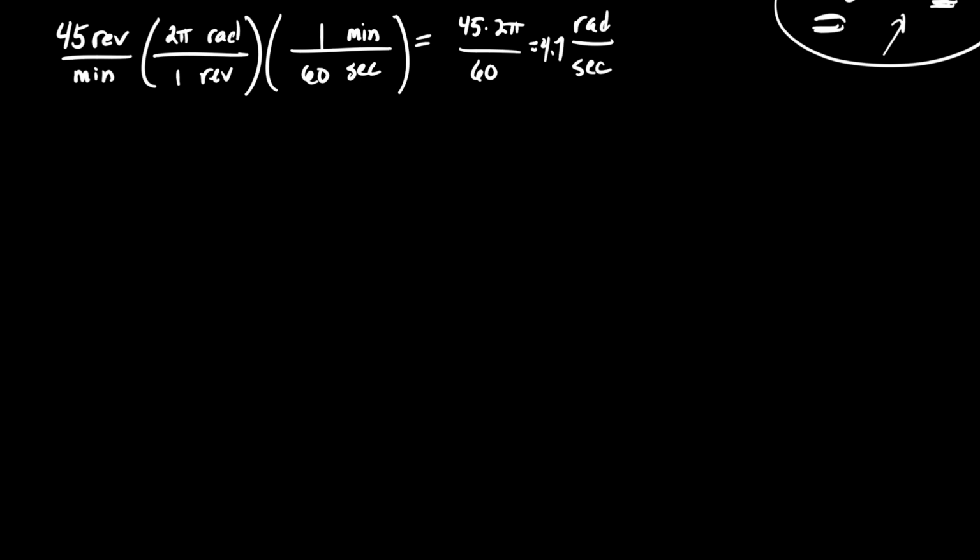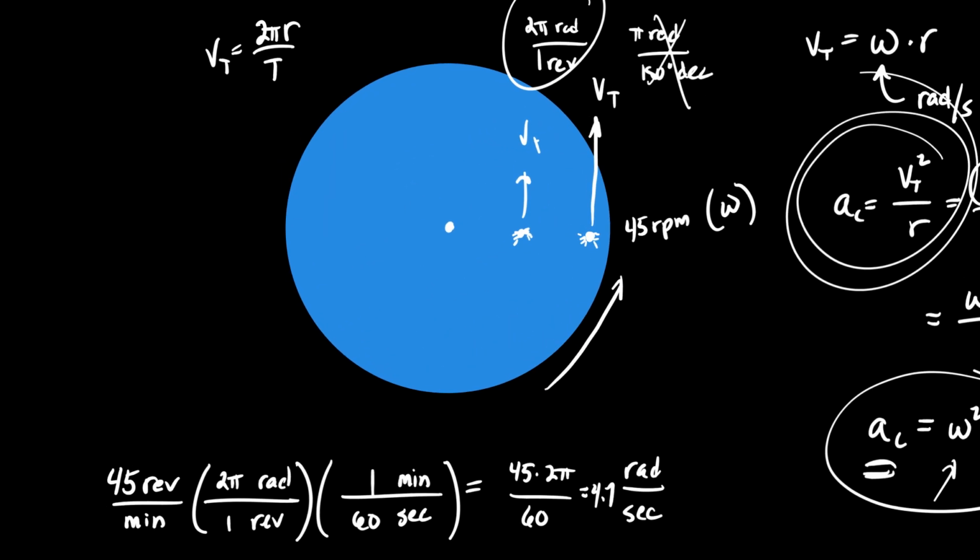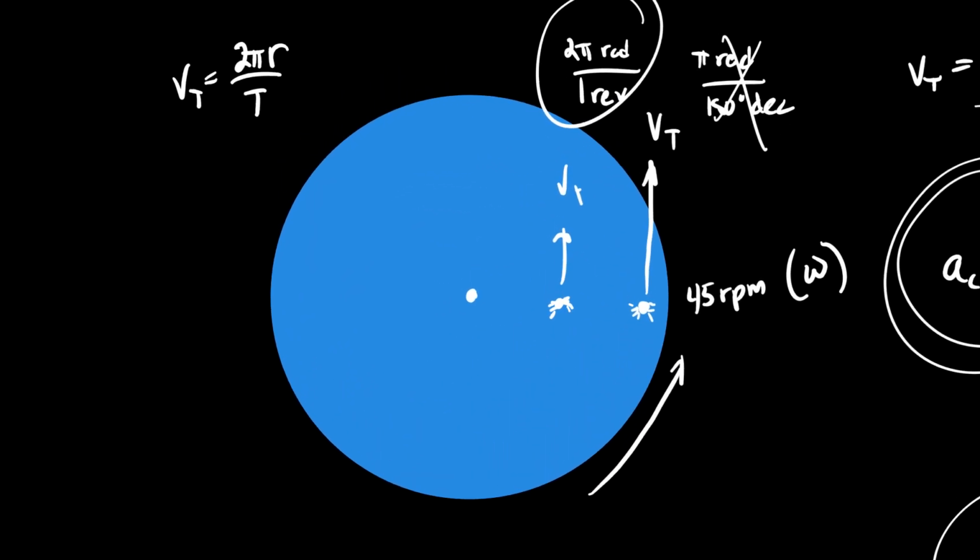Is that particularly hard to do? You've seen it done once now. I don't think it's particularly hard, but I don't know. You guys will have to figure out whether that's hard or not. But because I have that now, I have omega for this problem. So I know that omega is 4.7 radians per second.